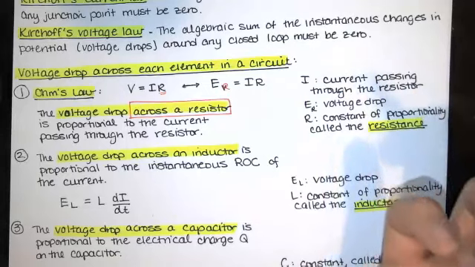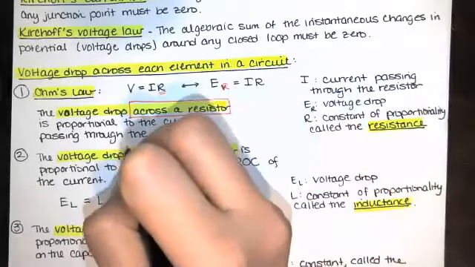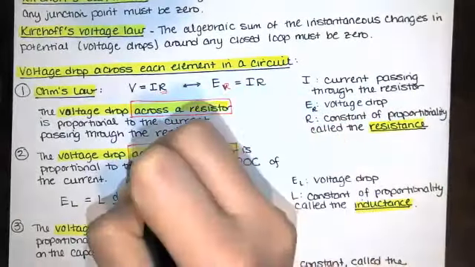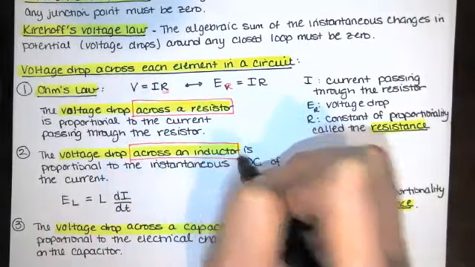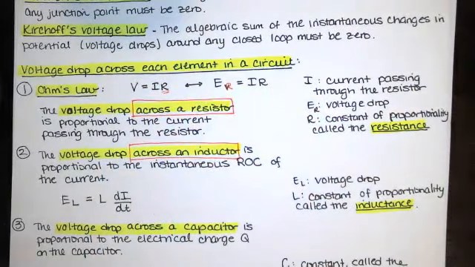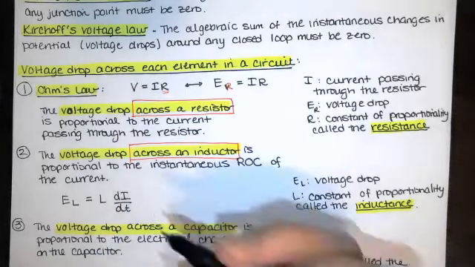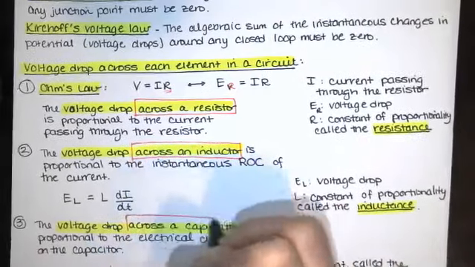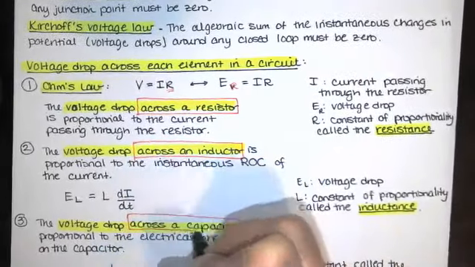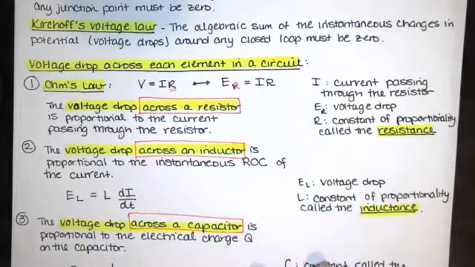Now, if we have an inductor in our circuit, it turns out that the voltage drop across an inductor is proportional to the instantaneous rate of change of the current. So that's di/dt. And the voltage drop across a capacitor is proportional to the electric charge in the capacitor.